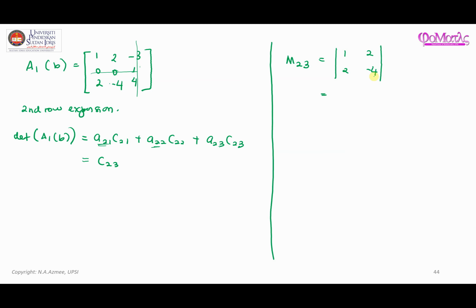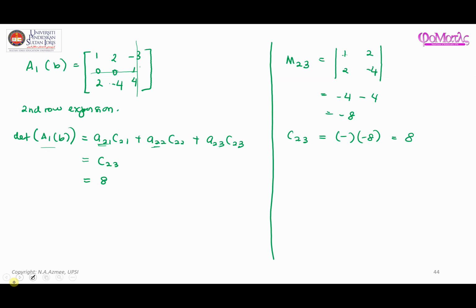Based on this, you can find its determinant: multiply the two values, 1 times 4 is 4, minus 2 times -4, which gives -8. For C23, we see that 2 plus 3 is 5, which is an odd number, so you have a negative sign. Plug in the value of -8, and the answer is positive 8. So the value of C23 is 8, and that is the determinant of this new matrix.